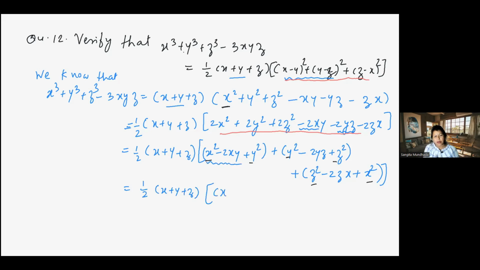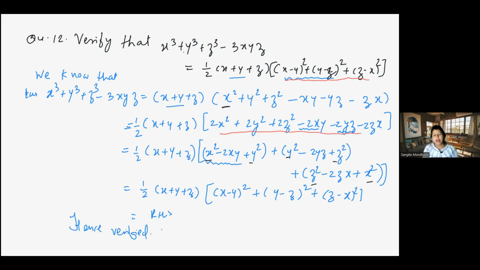So I can write x minus y square plus y minus z square plus z minus x square, and is equal to RHS. Actually, this was LHS. So LHS was this, and we prove that. So LHS is equal to RHS. It means that hence verified.